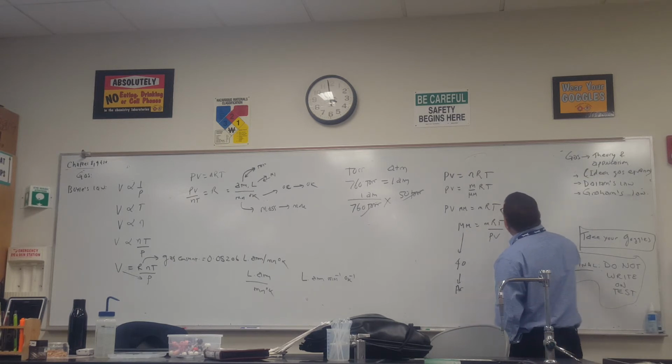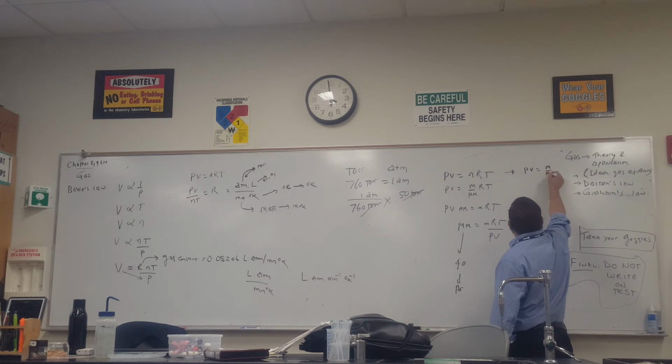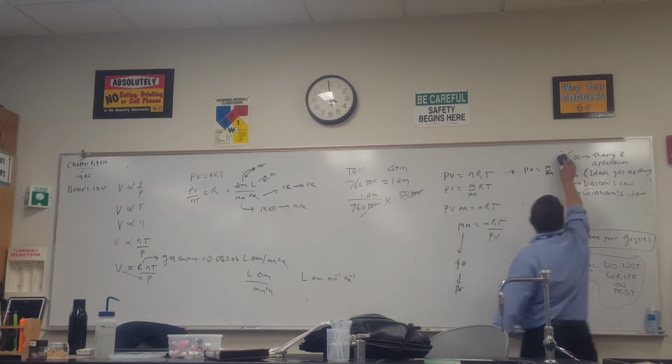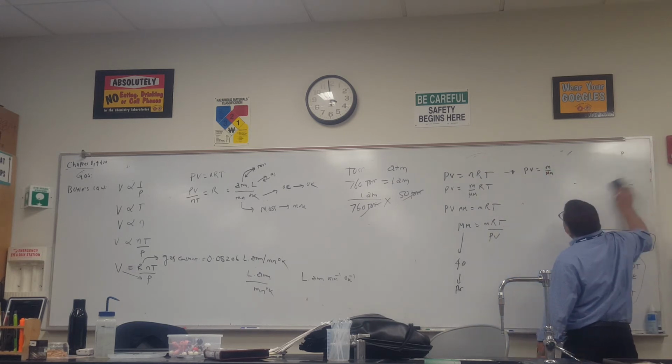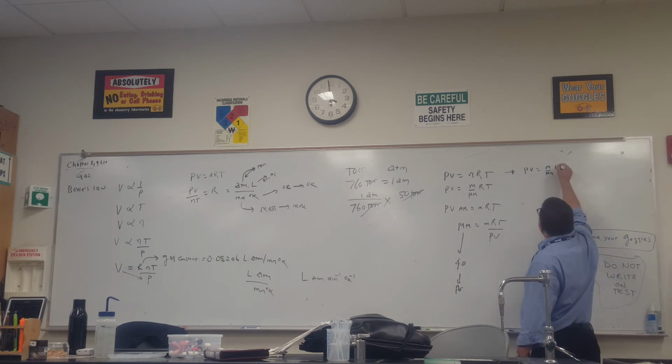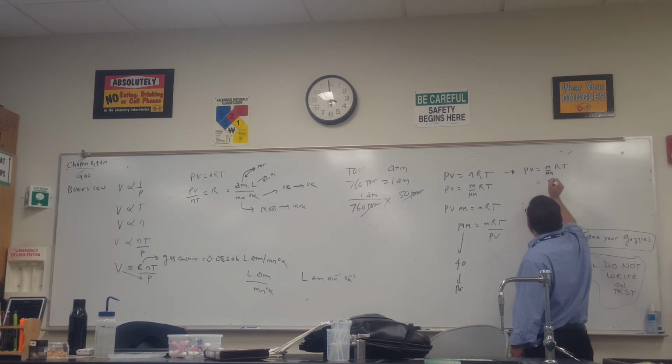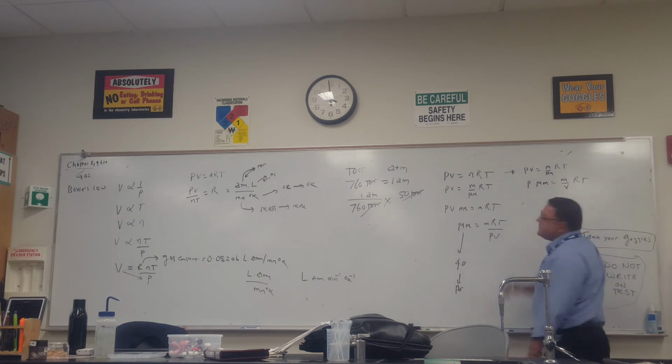The other one you can find out here. PV equals mass over molar mass times RT, then you can also have P molar mass M by V equals RT. Can you see that?